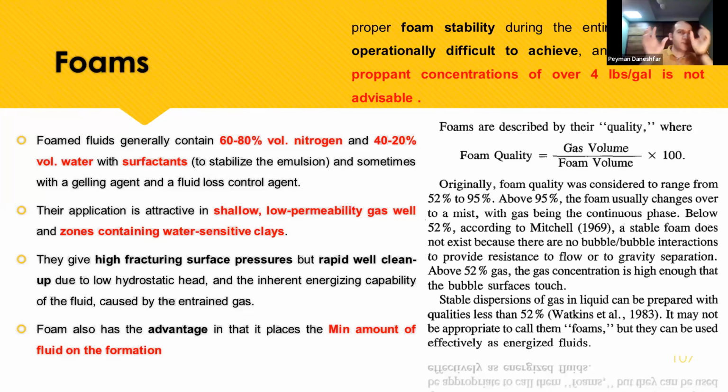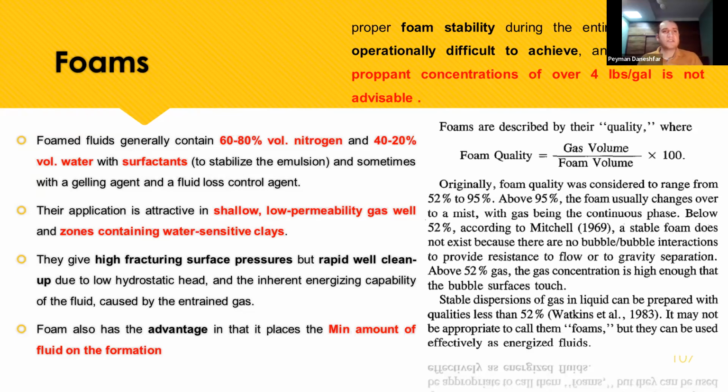Always surfactant will be there to stabilize the foam, and sometimes with a gelling agent and fluid loss control agent. Their application is attractive in shallow, low permeability gas well zones and in zones containing water sensitive clays.